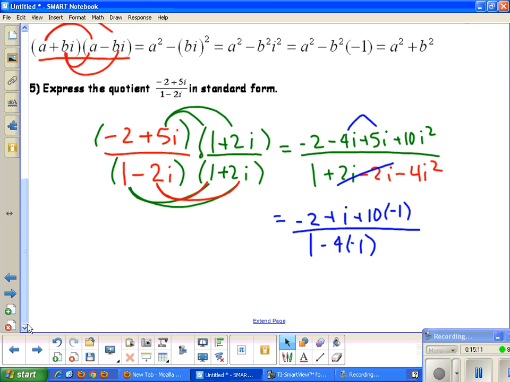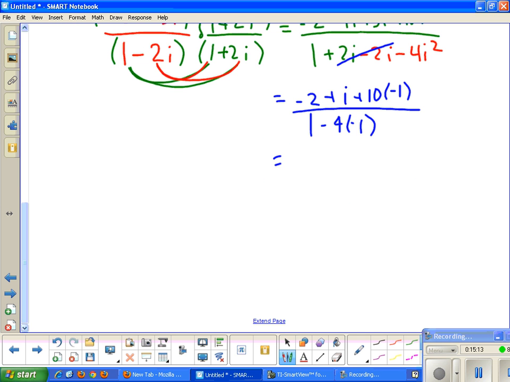So now we just need to simplify this. So when I do that, I get negative 2, and I should combine those together. So negative 2 minus 10 gives me negative 12 plus i over, and then I have 1 plus 4, which is 5.